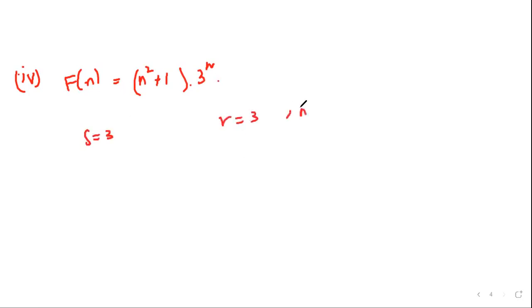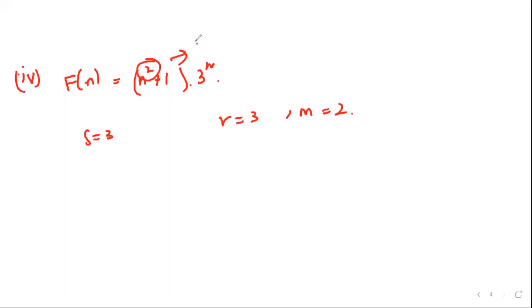Okay. Now the next thing is, when our f of n is given as n square plus 1 into 3 power n. In this case, S is given as 3, and R is also 3, and the multiplicity is 2. And we have over here n square plus 1, so the highest degree is 2.